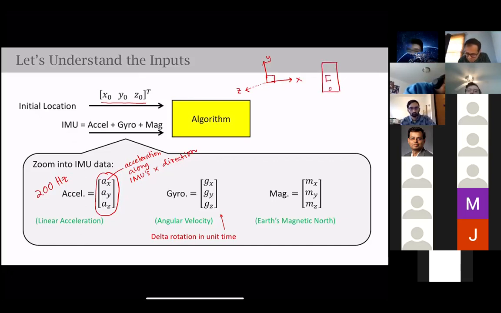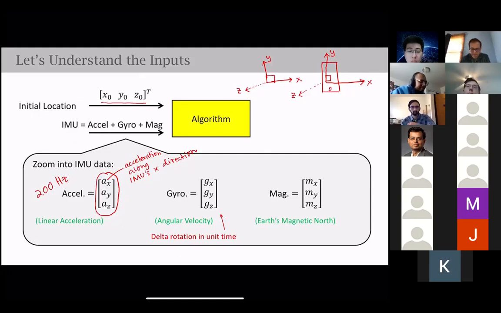Say this IMU is in a phone. The phone's short end is the x-axis, the phone's long end is the y-axis, and the direction coming out of the phone is the z-axis. Guys, is this clear thus far? So the accelerometer is giving you the phone's acceleration in its own X, Y, and Z directions.